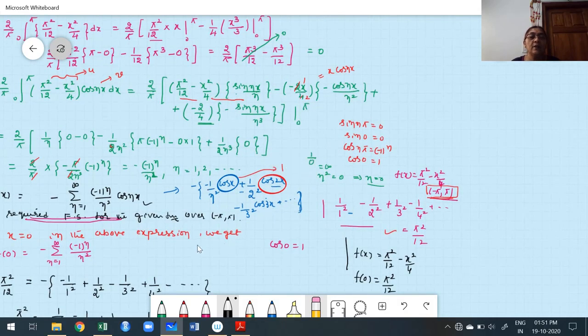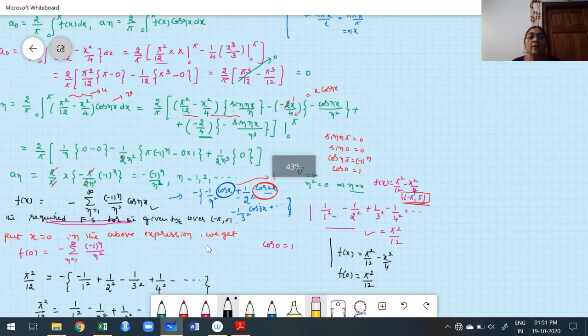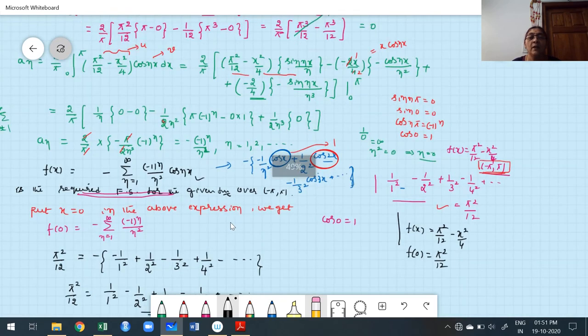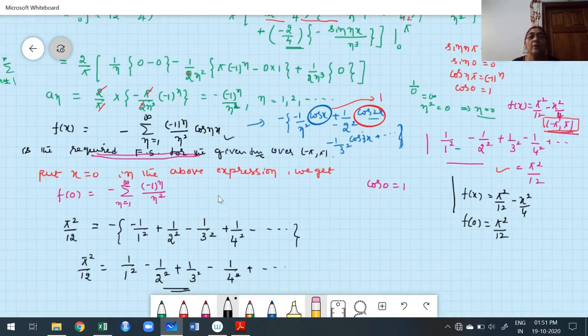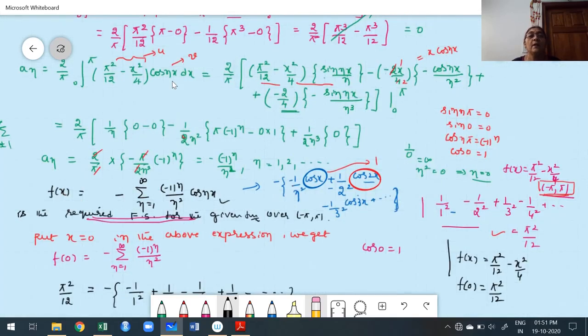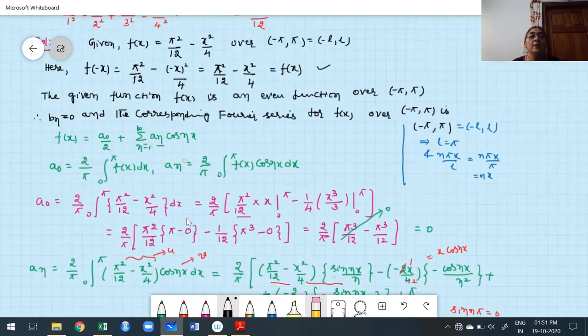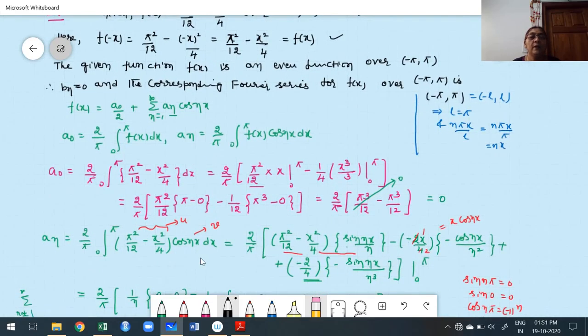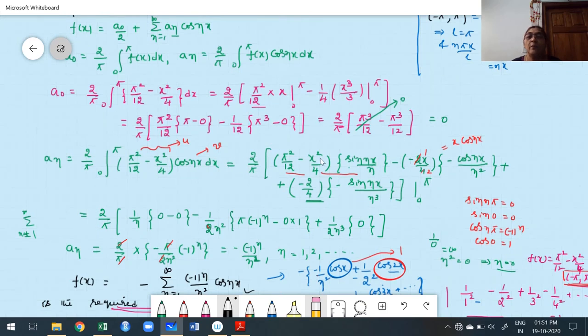After that I have to deduce. How to deduce, I already explained, and what measures or care I have to take, I already explained that part. In a similar way I have to do it and then we get the final answer. If you want, I'll show it once again zoomed in. This is a way to prove that for finding a0 and an, you must be perfect with integration.